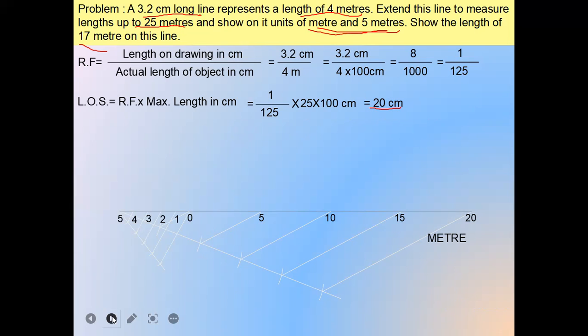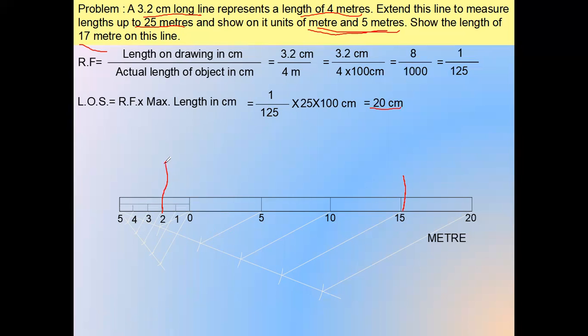Now what is our target? Our target is 17 meter. We read 15 plus 2. 15 is our main unit and 2 is our subunit. So 15 is measured from 0 to the right, and 2 is measured from 0 to the left. Here it is our 15, and this portion is 2.